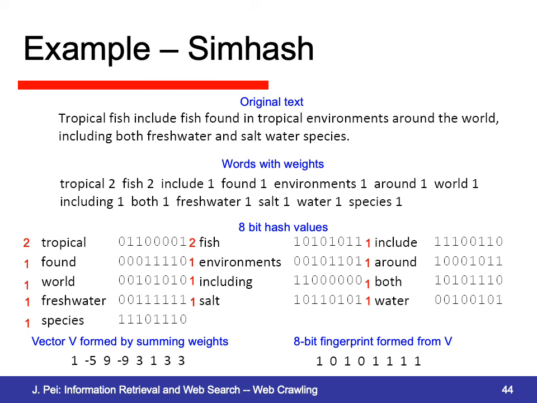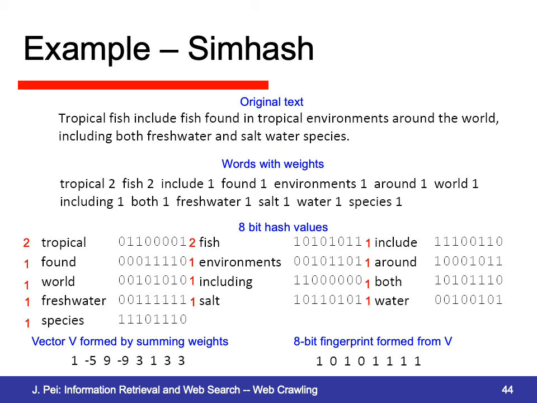Again, let's take the original text as "tropical fish include fish found in tropical environments around the world, including both freshwater and saltwater species." We count the frequency of the words. For example, for the word tropical here, its frequency is 2 because there are 2 occurrences of the term tropical in the text.